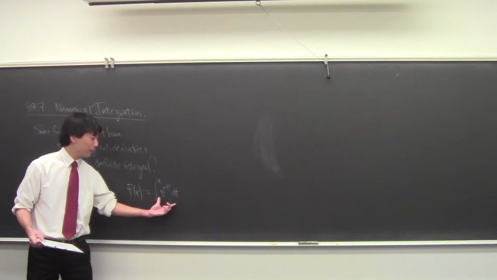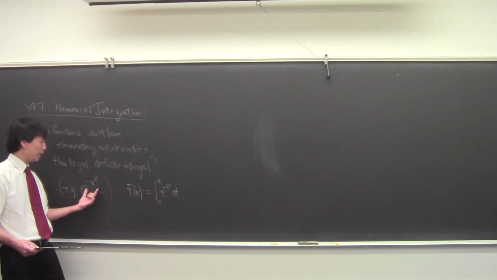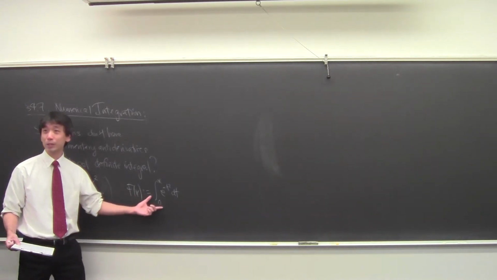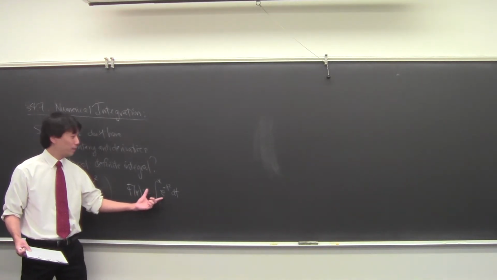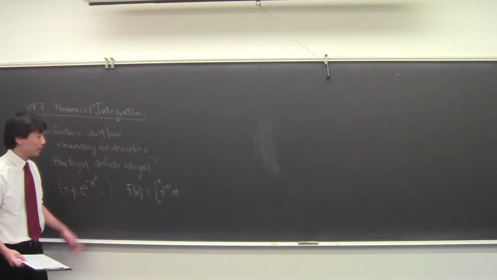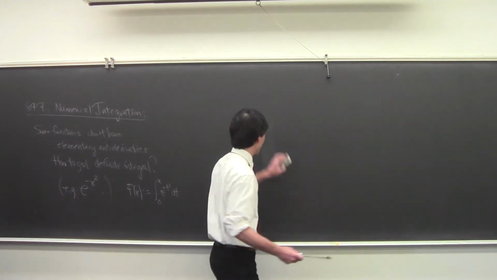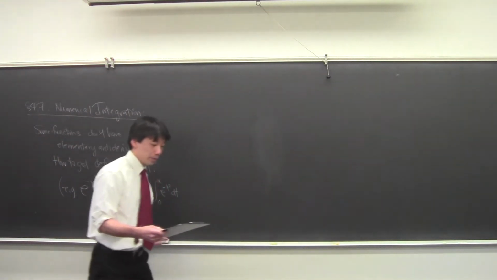If I want the definite integral of this function from 0 to 1, I can't use this, right? Because it would involve evaluating the definite integral. So you wouldn't be able to use this in a fundamental theorem of calculus. It wouldn't be helpful.